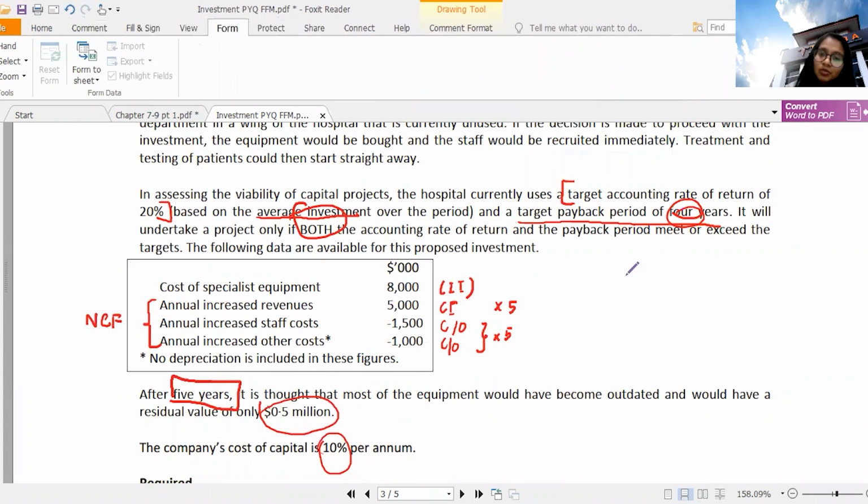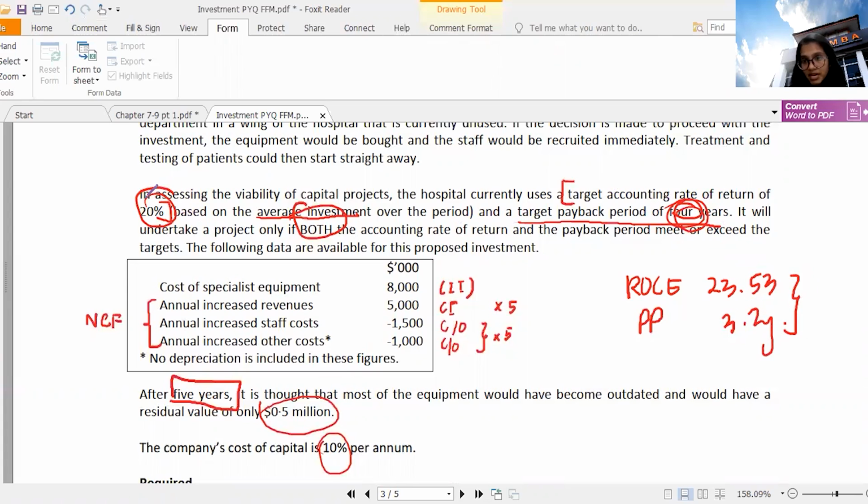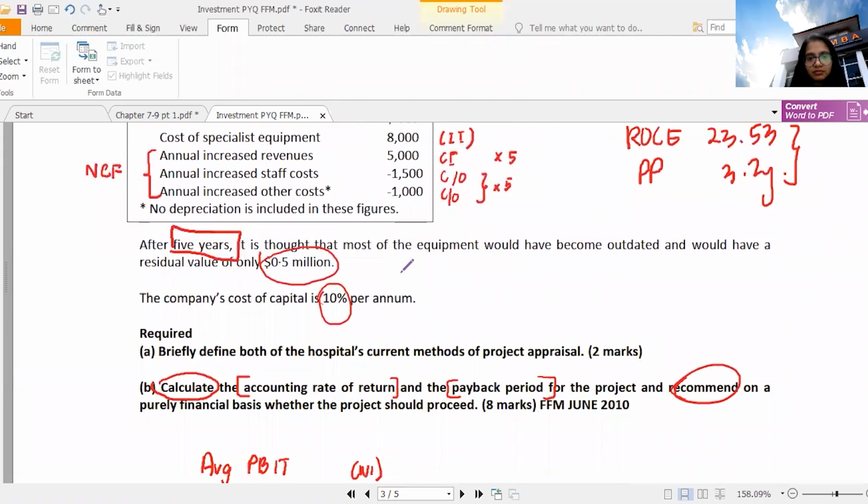So just now your ROCE was 23.53. Your payback period now is 3.2 years. Both of it is within the target that was given by the examiner. Hence, you will accept the project because you achieve the target. Okay.